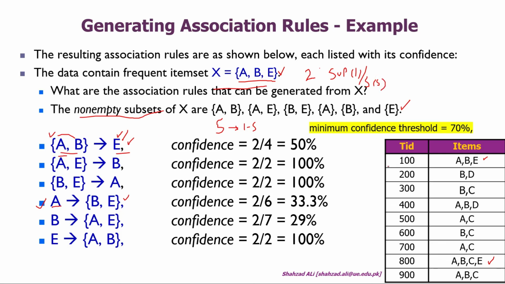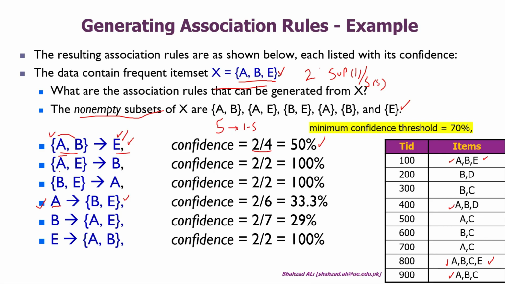So what is the support of AB? AB occurs together in this transaction, in this, in this and in this, which is total 4. So the confidence for this first rule is 2 by 4, which is 50%.